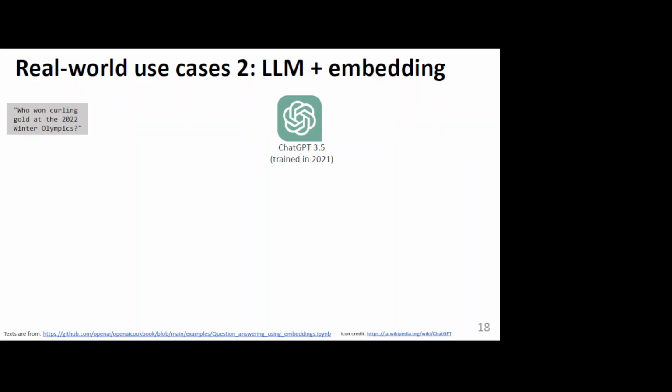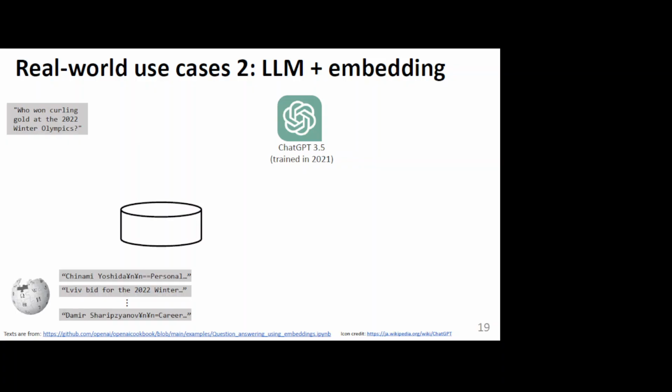But if we use a technique like RAG, retrieval augmented generation, it can be done. We collect more data about the future events from some website, such as Wikipedia.